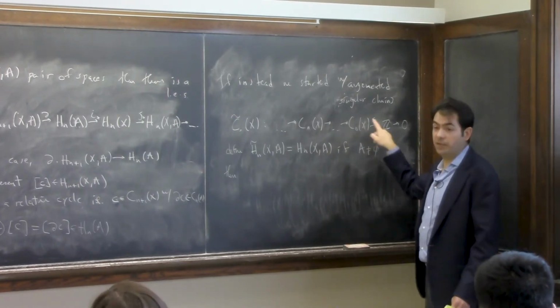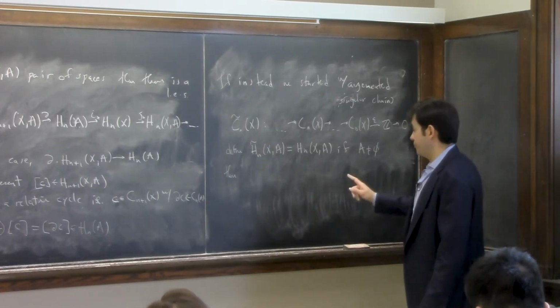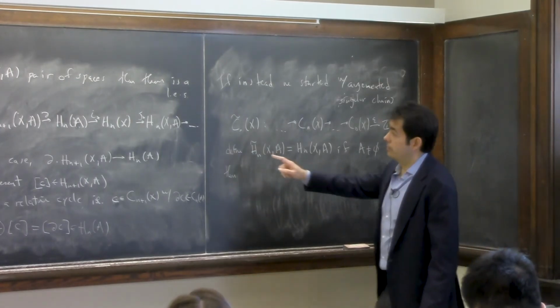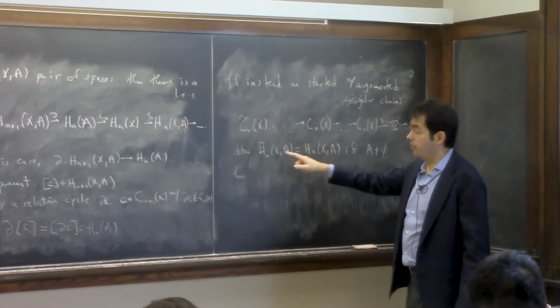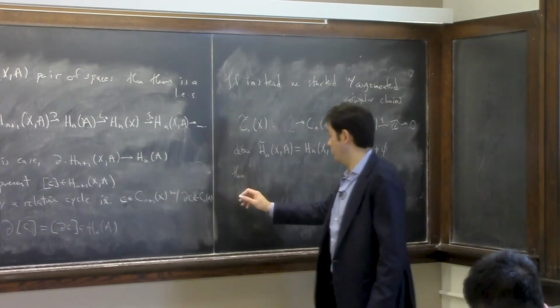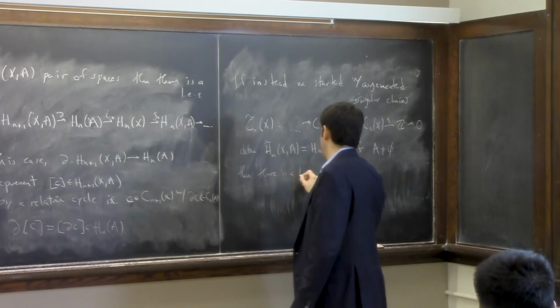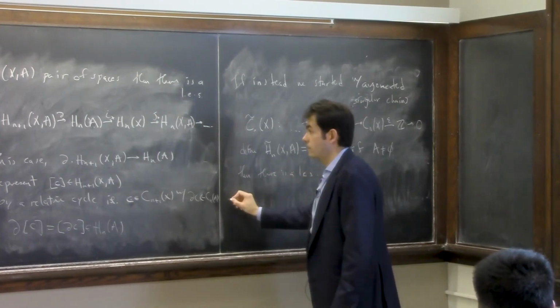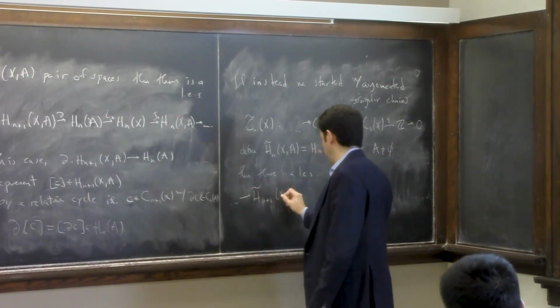But it's still a complex. It still composes to 0. Right? So given a pair of spaces, you again get a short exact sequence with augmented complexes, and you get a long exact sequence where you just put tildes on top of everybody.